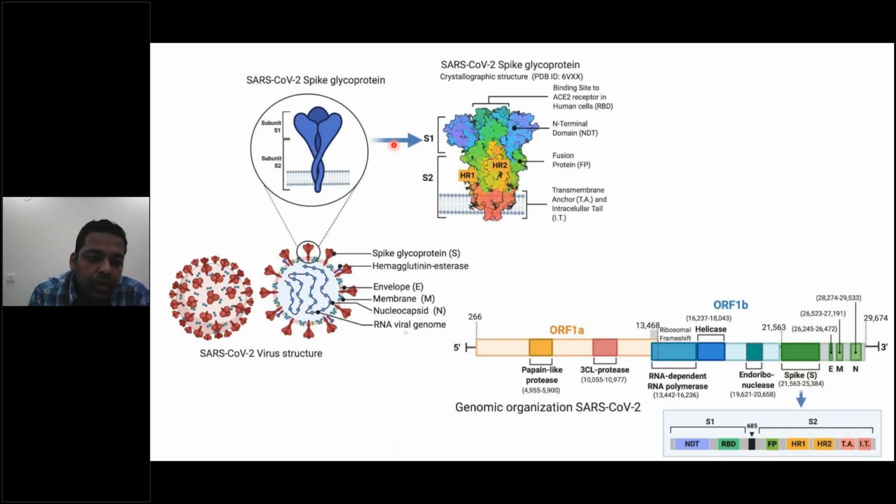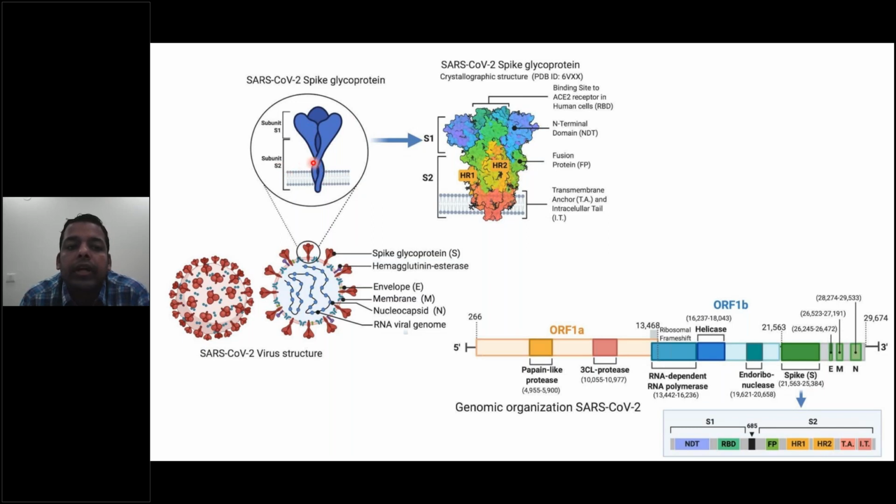coronavirus is. So the SARS-CoV-2 virus, its structure primarily is that it has an envelope and a membrane. Inside that is the RNA viral genome, and on the membrane are various structural proteins, the important one being the spike glycoprotein. This spike glycoprotein consists of 2 subunits, the S1 subunit and the S2 subunit.